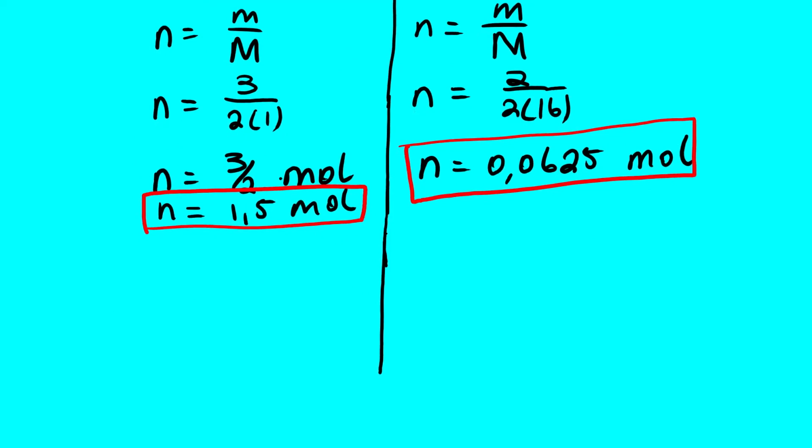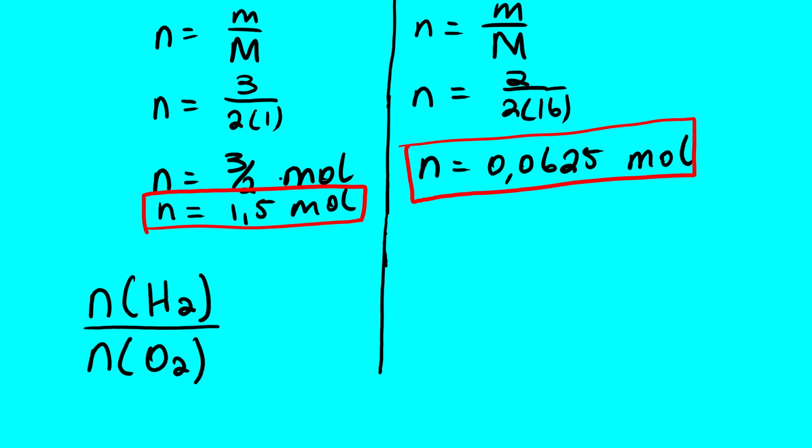We are going to use what is called the molar ratio: number of moles of hydrogen divided by number of moles of oxygen. For the numerator, I always advise that you put the one you're looking for over the one that you have. In this case, you want to check whether hydrogen is the limiting reagent, so we put it on the numerator over the other reactant, oxygen, on the denominator.